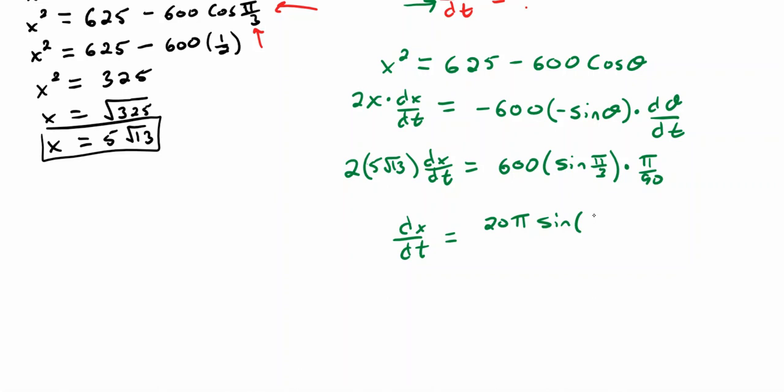To tell you the truth, that would pretty much be our answer. We could simplify it a lot better, but I'm going to get a little lazy here. Let's say this is approximately equal to 0.50 meters per second.